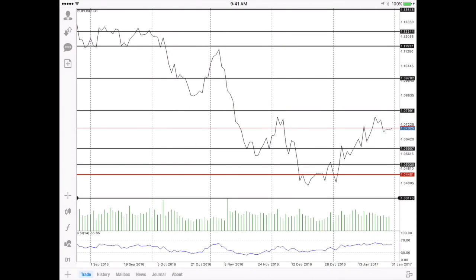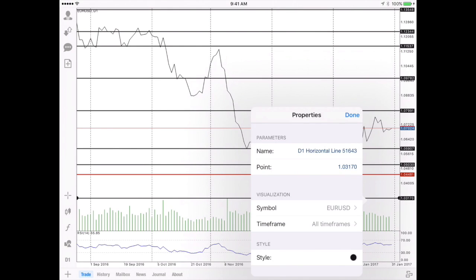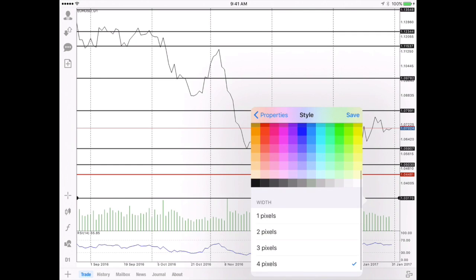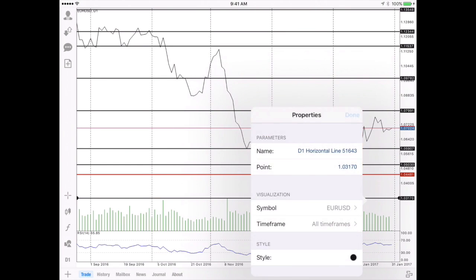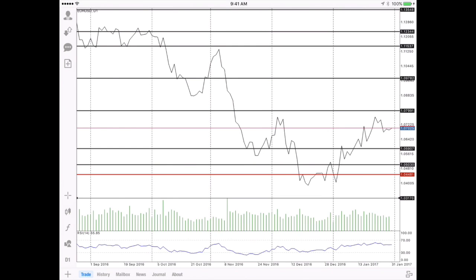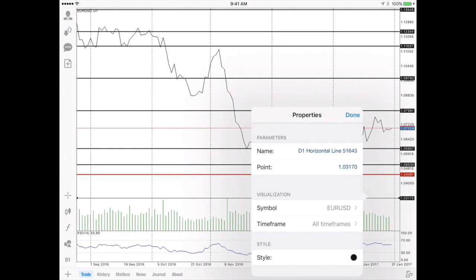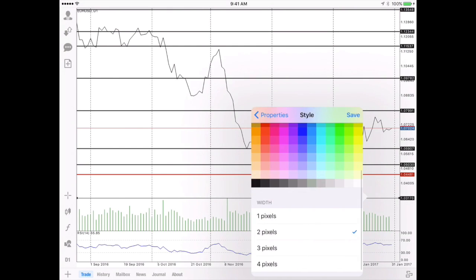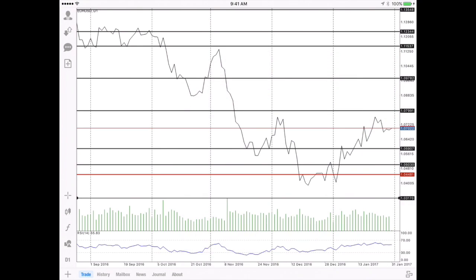I'll add these in here, but I'm definitely going to add them with a smaller width. Let's see how that looks. Oh, that's too small. All right, let's give it a 3.